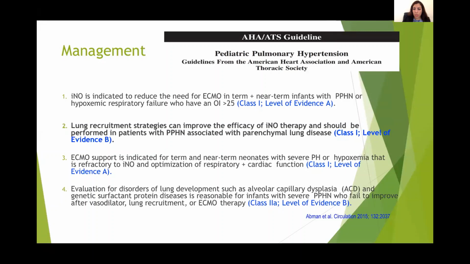Class 1 level A. Fourth point is that evaluation for disorders of lung development, such as alveolar capillary dysplasia, or rare diseases like genetic surfactant protein disease, is reasonable if these infants have severe PPHN, not improving after using all the possible management tools: vasodilator, lung recruitment, and ECMO.